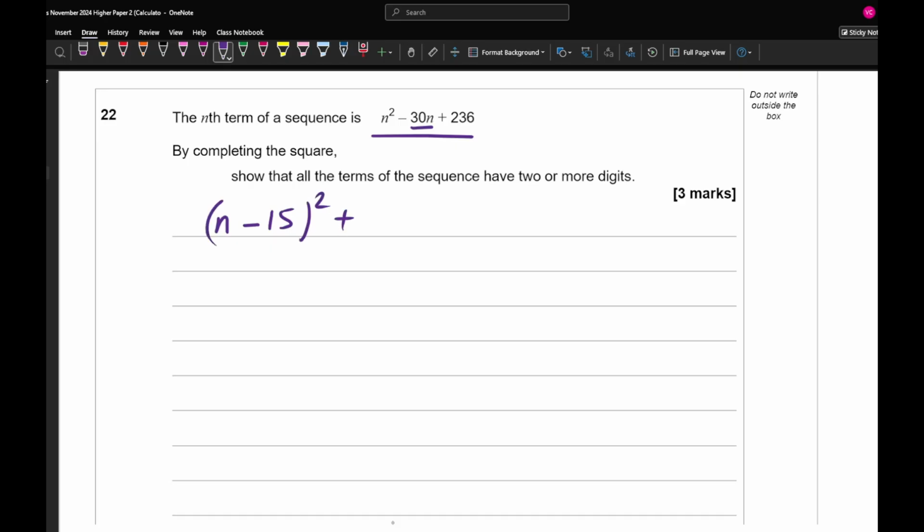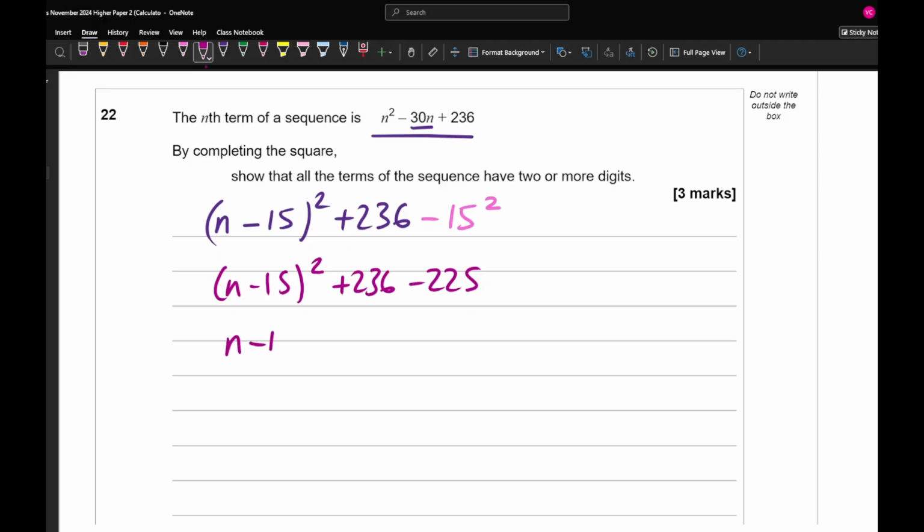And then I've got plus 236. And what I need to do is subtract whatever number is inside the bracket squared. And so that's going to give me n minus 15 squared plus 236 minus 225. Now if I work this out, I get n minus 15 squared plus 11.